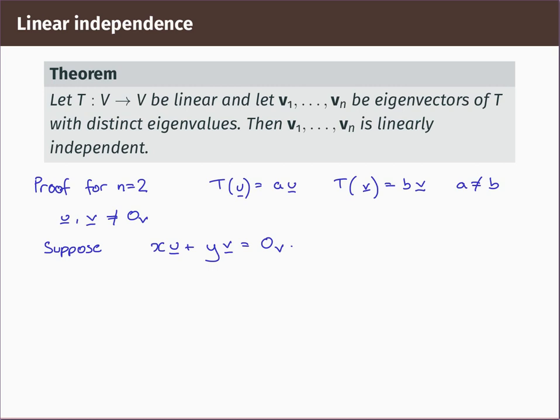So let's give this equation, which I've just written down, a name. That's going to be equation number 1. We're now going to apply the linear map T to both sides of equation 1. Now, because T is a linear map, T of xu plus yv is the same as x times T of u plus y times T of v.